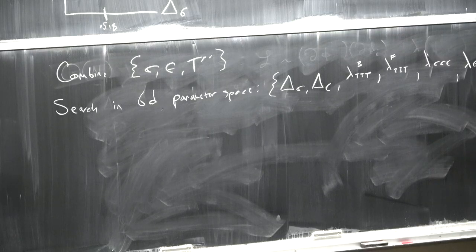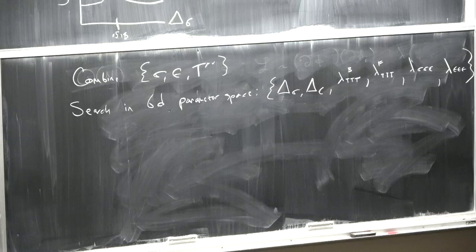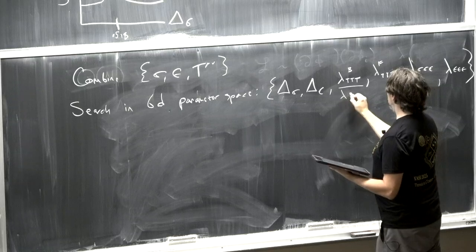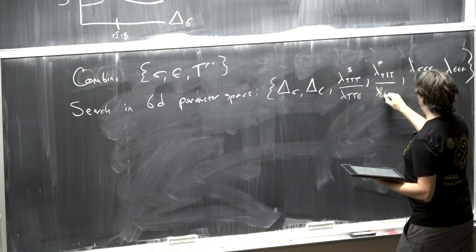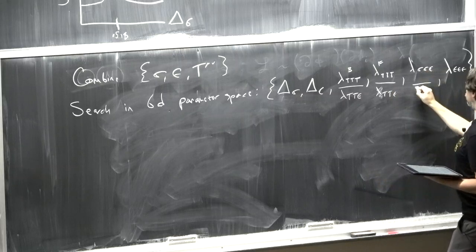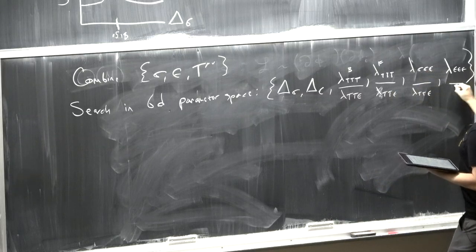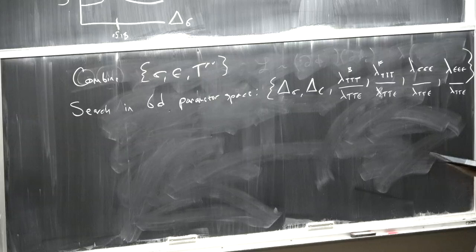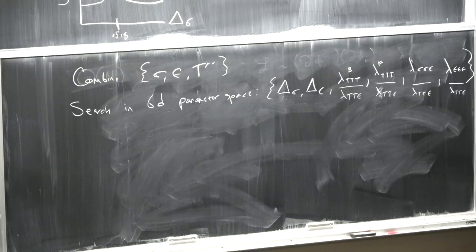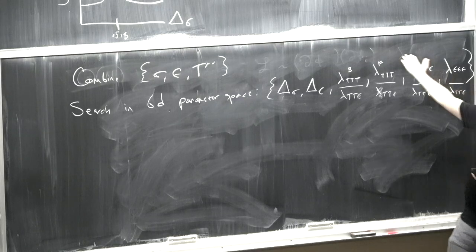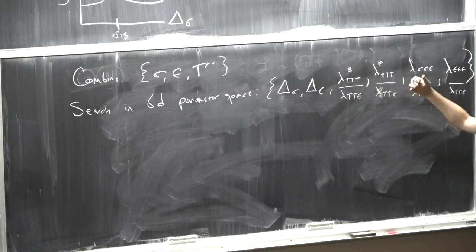The positivity properties of the Bootstrap are only sensitive to ratios of OPE coefficients, so we can normalize by one of our choosing. Okay, so these are all the coefficients involving these three external operators. And to get the most powerful Bootstrap, you need to search through this 6-dimensional parameter space to find the allowed region.